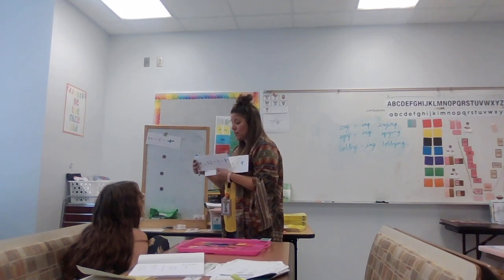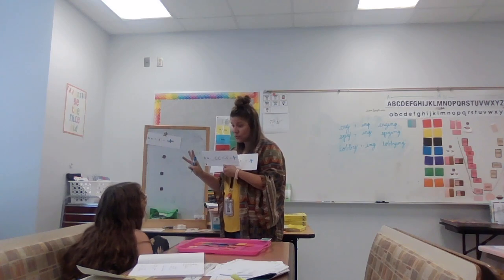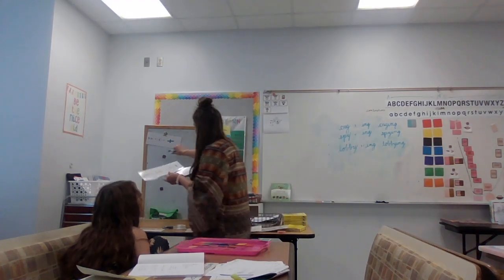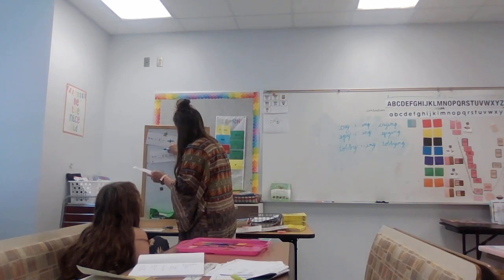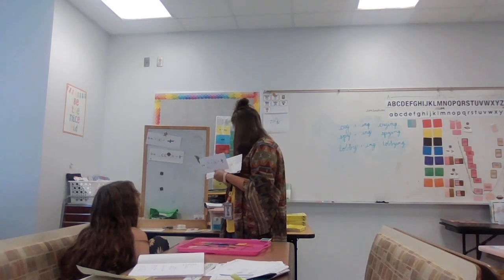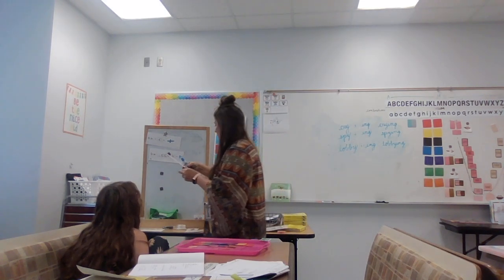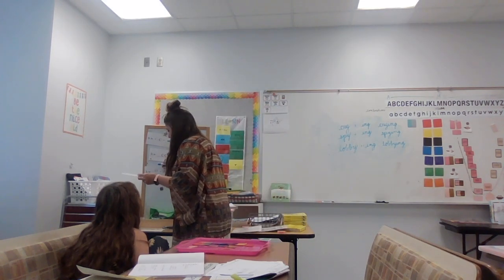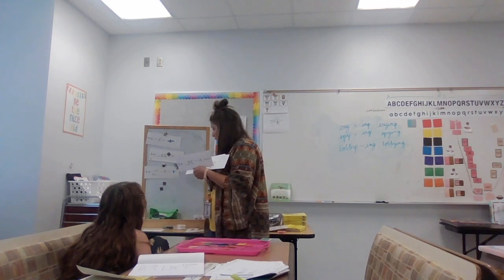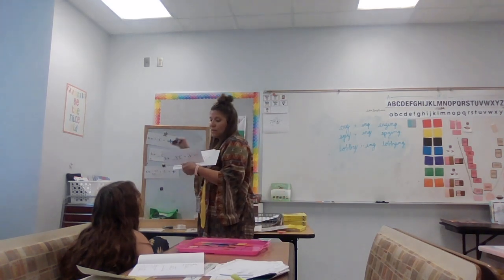When we have a vowel suffix, we have to check the last 3 letters of the base word. If the last 2 letters are consonants, we can just add. If there's a vowel team in the last 3 letters, we can just add.